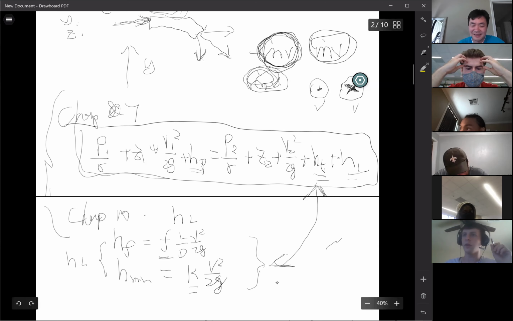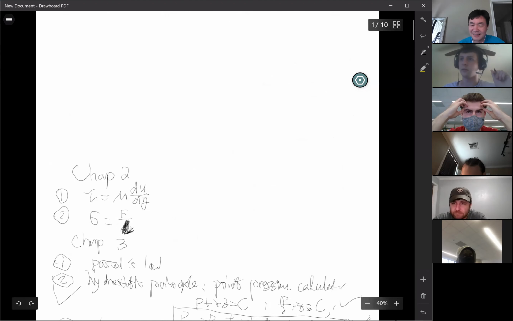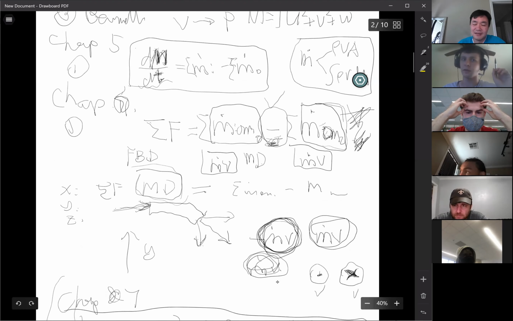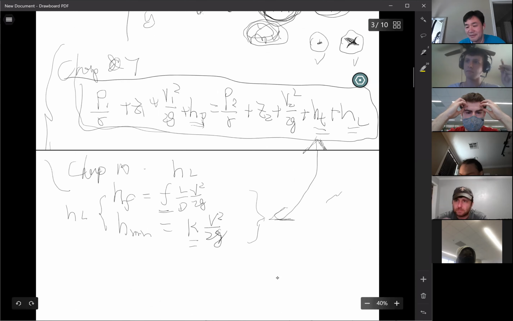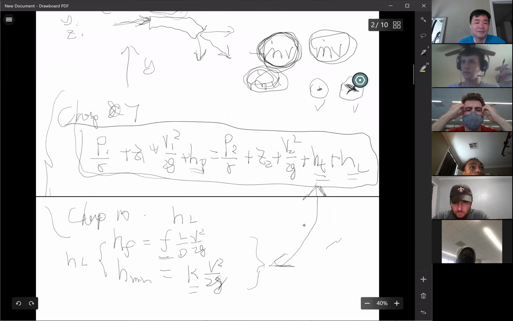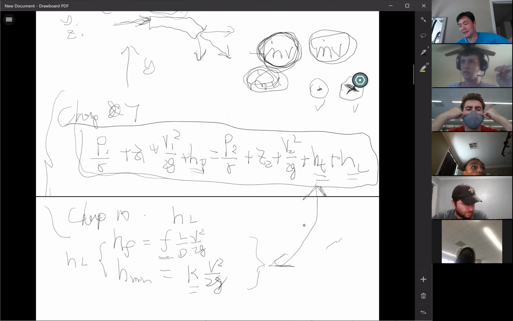These are the equations, but what about constants we should know? Are you going to give us all the constants? I give some properties like viscosity, those kinds of things. I will give it to you. I don't expect you to memorize it, but you have to memorize something common, like the density of water, 1,000 kilograms per cubic meter. Density of air, 1.2 or something like that.